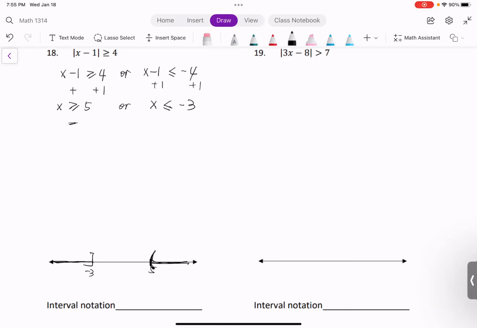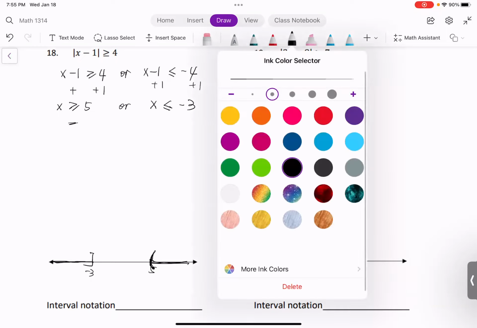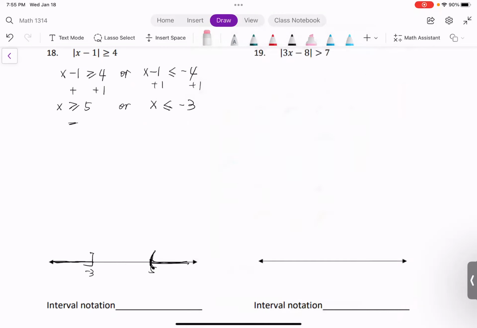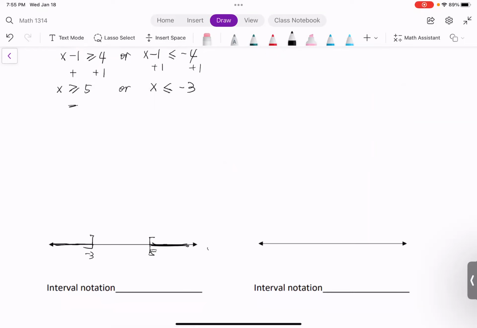This is greater than or equal to, so what symbol must I use? I must use brackets. So use brackets, then highlight this area. From the graph, I know that the interval notation is from -infinity to -3, and brackets, union brackets, 5 to +infinity.